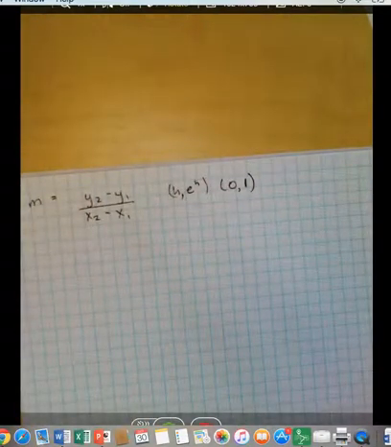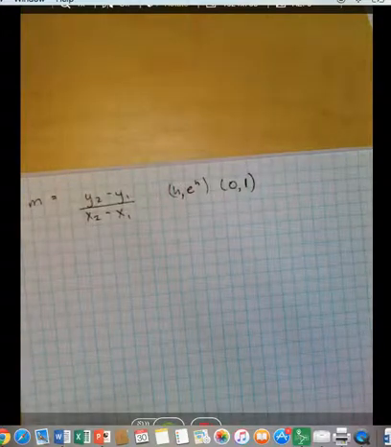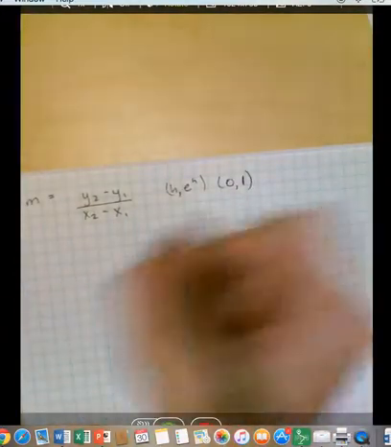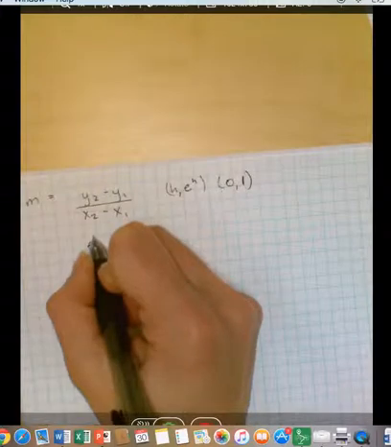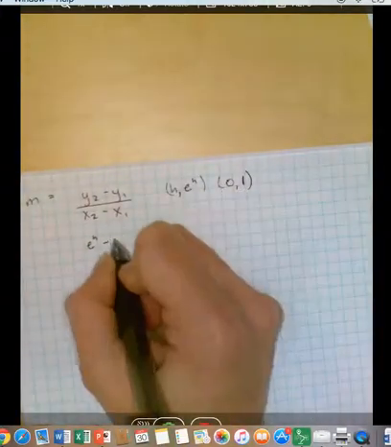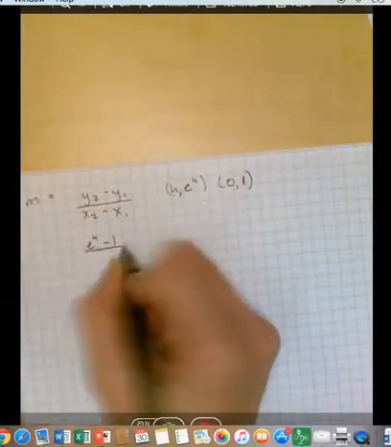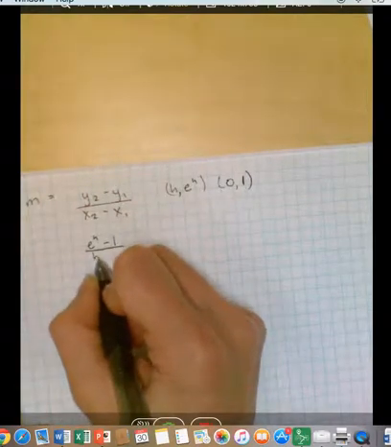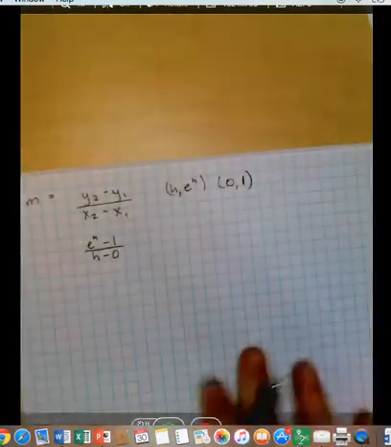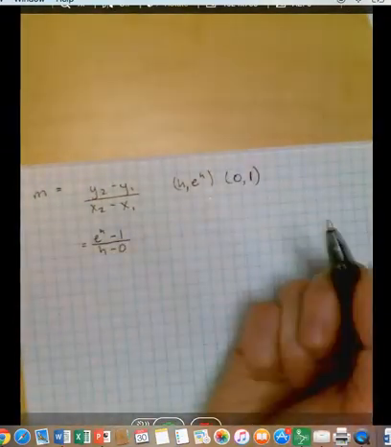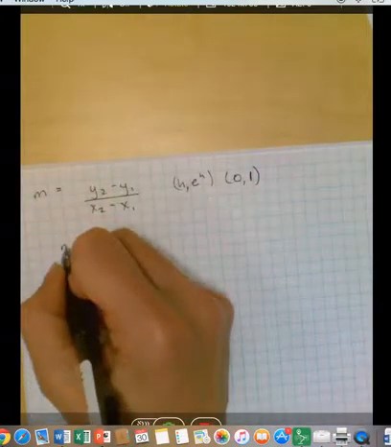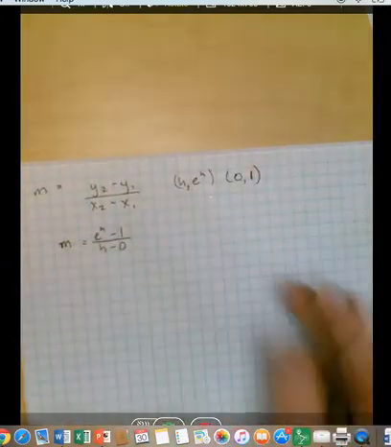We're going to plug those in. Let's do e to the h minus 1 over h minus 0 equals m.